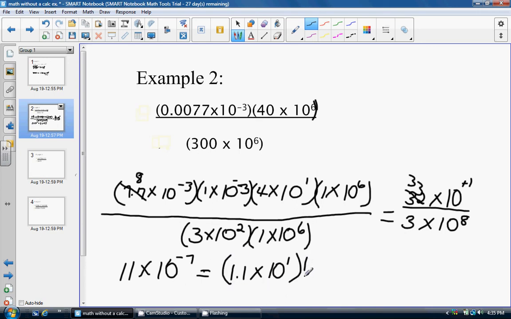I moved it to the left, so it's positive. It was already times 10 to the -7, so I'm going to keep that and just put a 1 times 10 to the -7. So I have 1.1 times 1, 1.1. And then I have 10 to the 1 times 10 to the -7. When I multiply, I add exponents. So 1 plus -7 gives me -6.